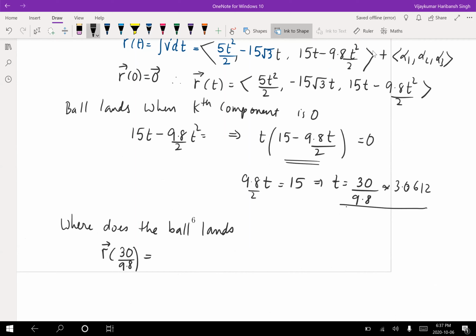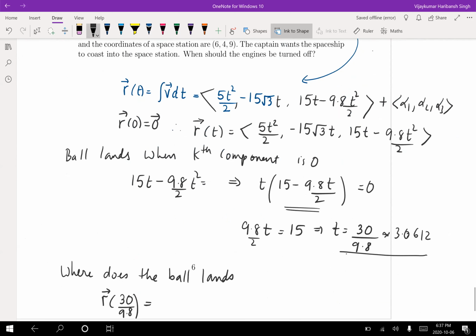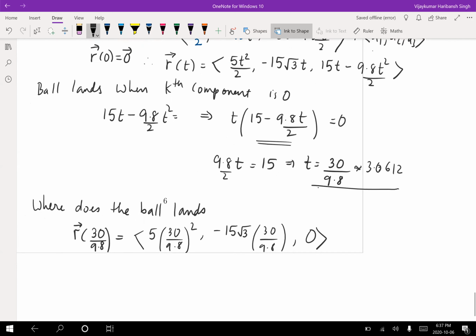When you put this in, we have to substitute in this equation. We have 5 times (30 divided by 9.8) squared, minus 15 root 3 times 30 by 9.8. And of course, the third component is 0. So this is where the ball lands.